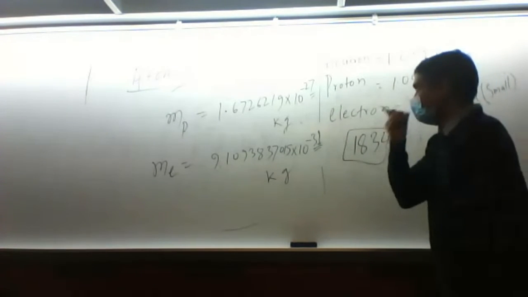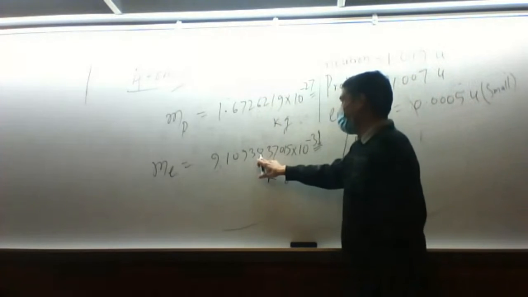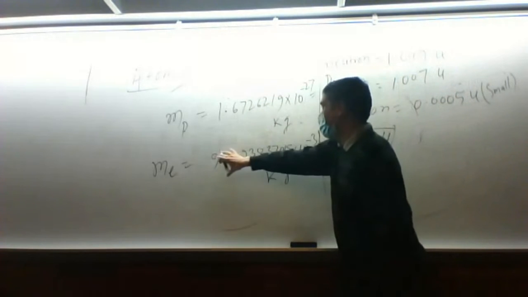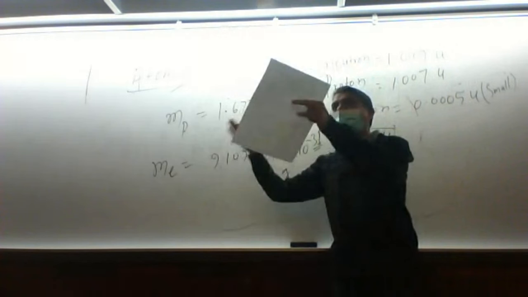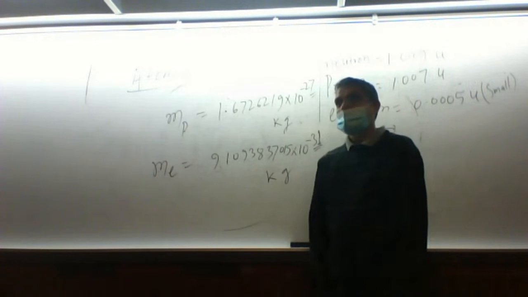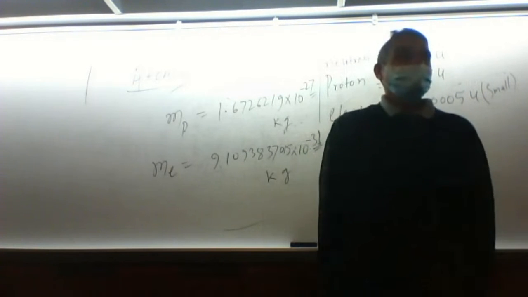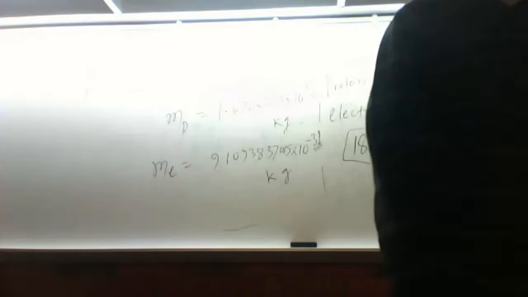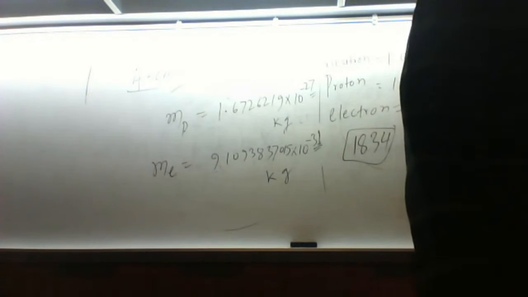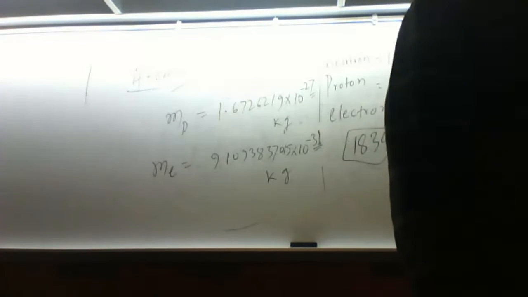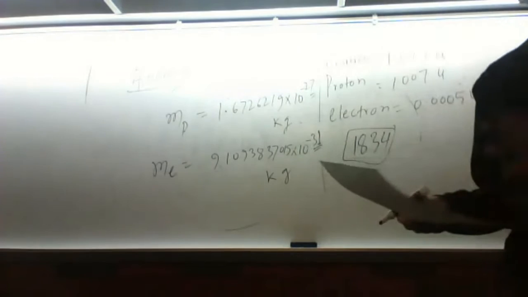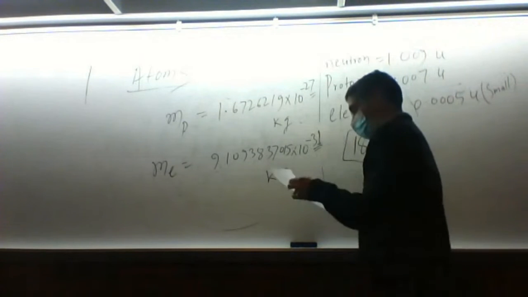If you divide this number by this number in a calculator, you will get 1834. Make sense? So the proton and neutron are 1834 times heavier than the electron. Electron has pretty much no mass, very small. We cannot say electron doesn't have mass. Electron has mass, but very small.